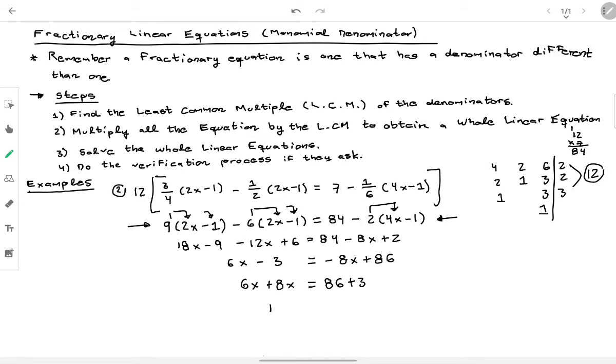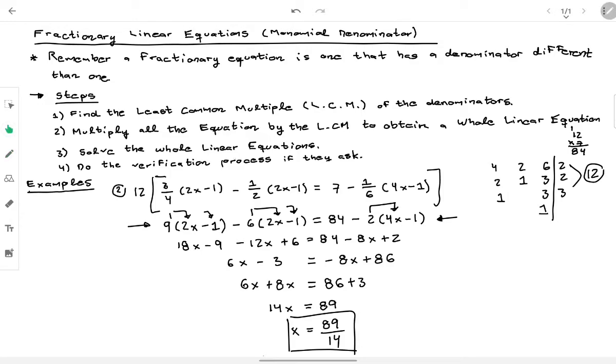So it's going to be 14x equals 89. So our final answer is going to be x equals, the 14 is multiplying the x, so it goes dividing, 89 over 14. This fraction is not simplifiable, so that's going to be our final answer for this fractionary linear equation with monomial denominator.